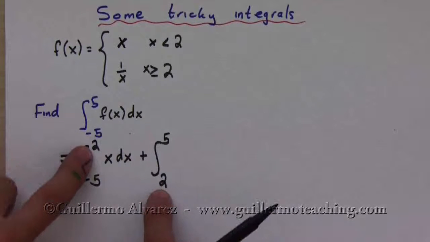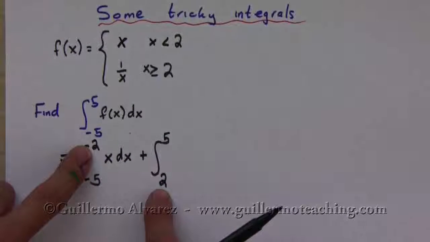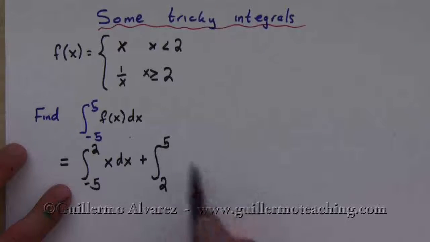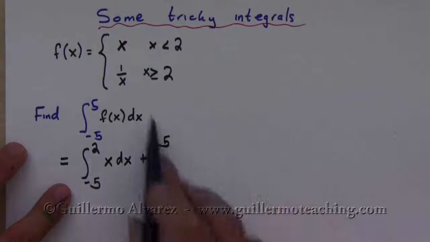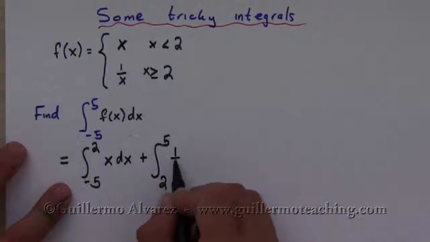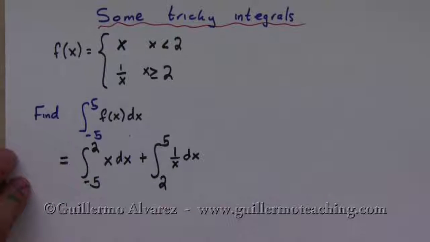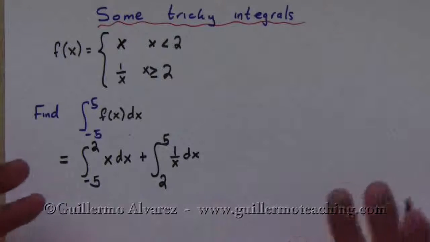Because remember, these have to be the same. Now, what function does it equal from 2 to 5? Think. You're right. This one. 1 over x dx. And so now we can find the integral, right?